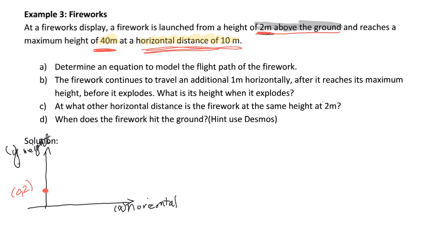So technically what's happening here is we go from here all the way out here, and this is 10 meters. Then directly above the 10 meters is where our maximum is going to be. From here to here is 40, so the y value of our vertex is 40.